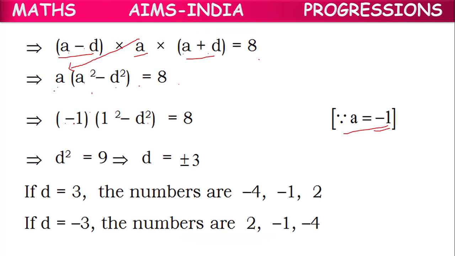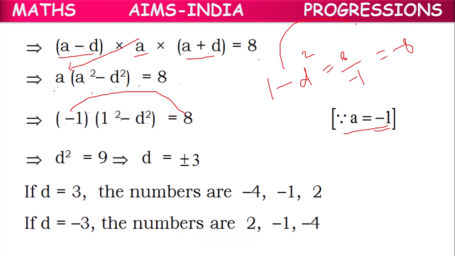-1 will come this side. It will become 1 minus d square equals 8 by -1, which is equal to -8.